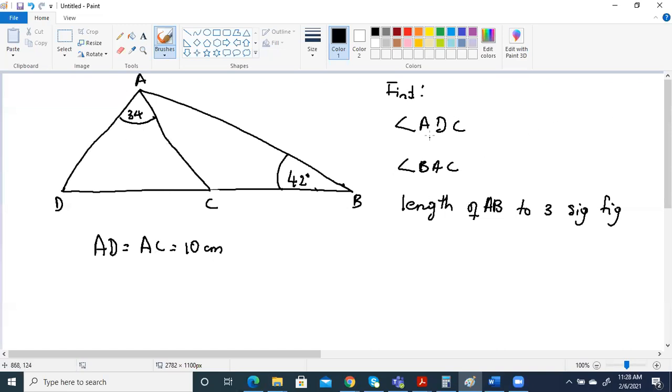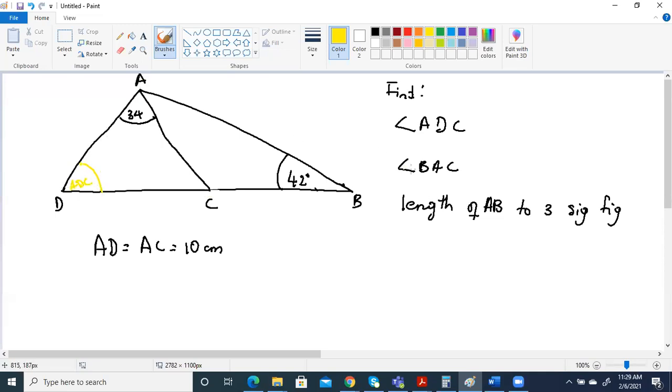You're being asked to find angle ADC, so this angle here. Let me put it in a different color for you. Angle ADC. This is A, B, and C is there. Then you're asked to find this angle, ABC.